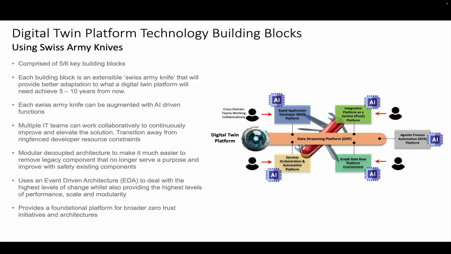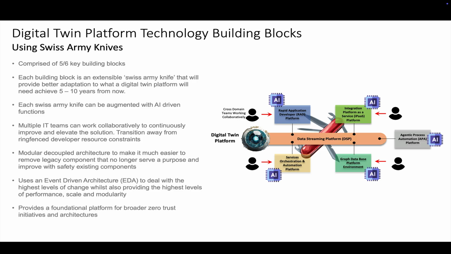A key objective is to try to move away from developer lock-in, in which only the development team can update a technology solution component. When we have a modular, decoupled architecture, this makes it much easier to migrate to new technology solution components when existing components no longer serve a purpose, by simply unplugging legacy components and inserting new ones in their place.